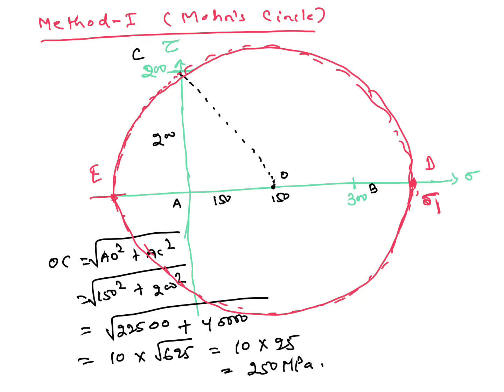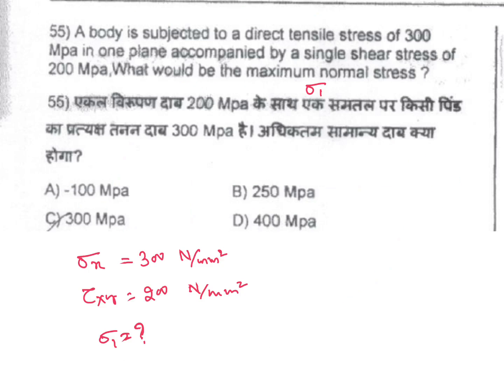So you will get sigma 1 equal to 400 MPa or Newton per mm square. Here sigma 2 is 150 here, AO, then 100. This is minus 100 Newton per mm square or MPa. In this question they asked sigma 1, so major principal stress you have to calculate. This is 400. D is the answer.